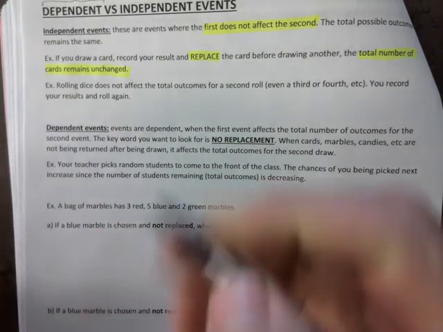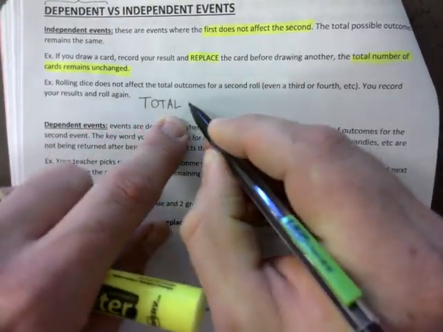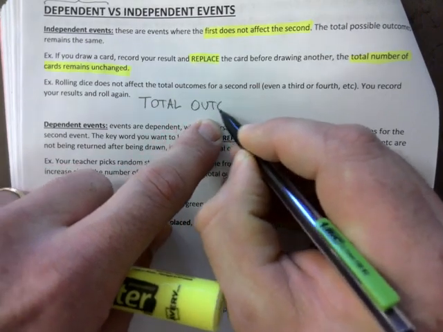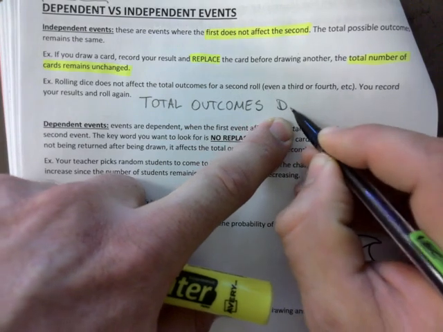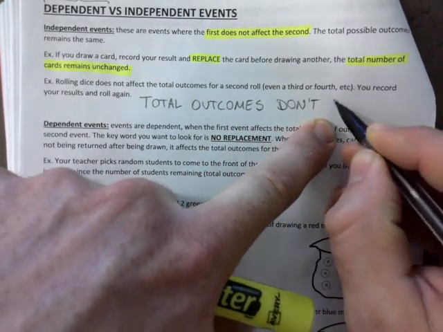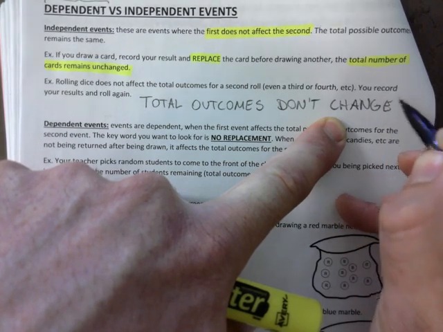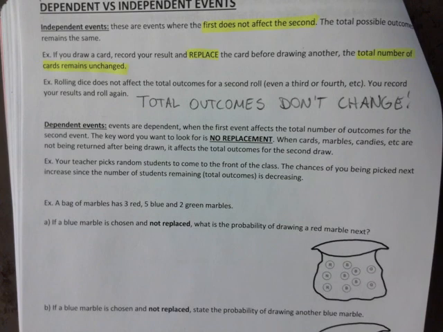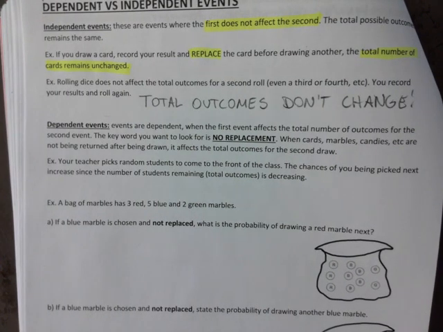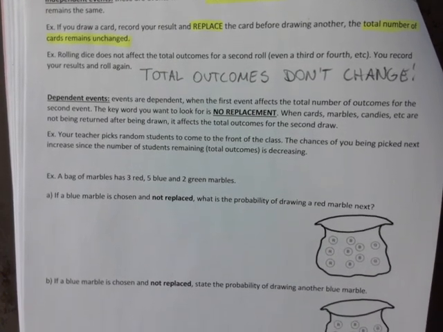The total outcomes don't change. That's the big reason why we would call things independent, one event after the other. So obviously we're talking about multiple events, one happening after the other.